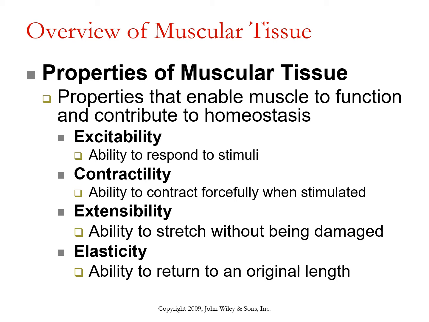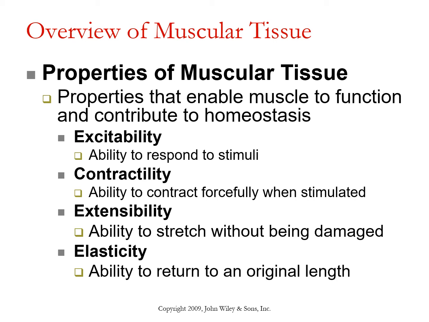Those impulses are sometimes called electrical signals, and scientifically they are called action potentials. And this is a very important concept with respect to cellular physiology, so we will introduce you to it in this chapter and elaborate more on it when we get to the nervous system. But all muscular tissue can respond to stimuli by generating electrical impulses.